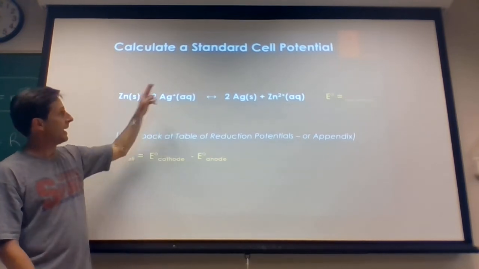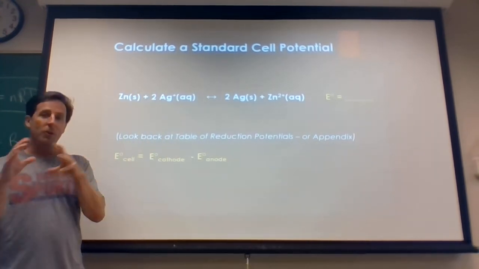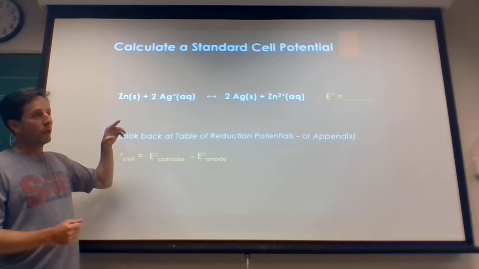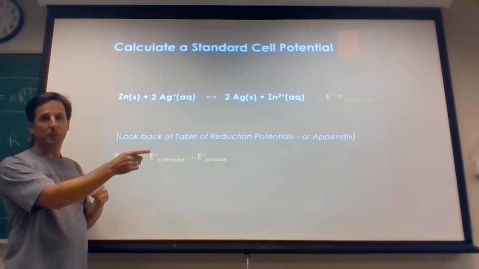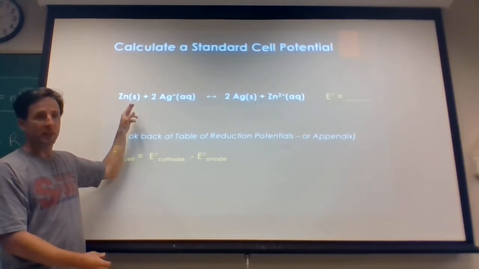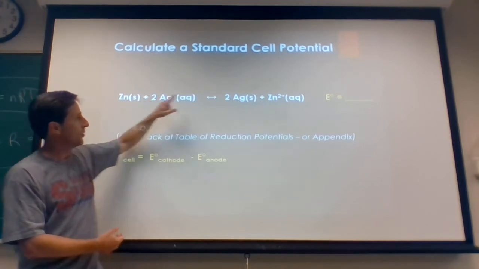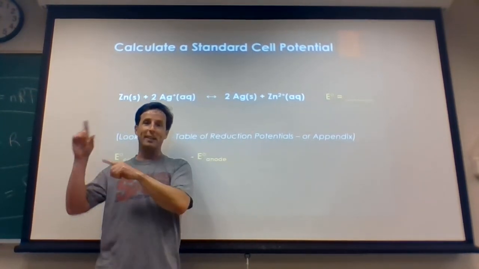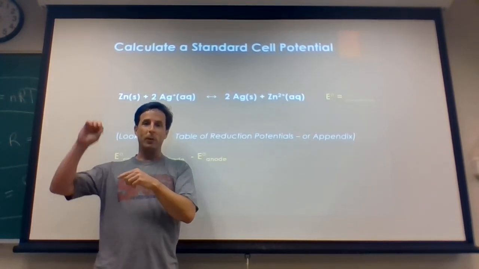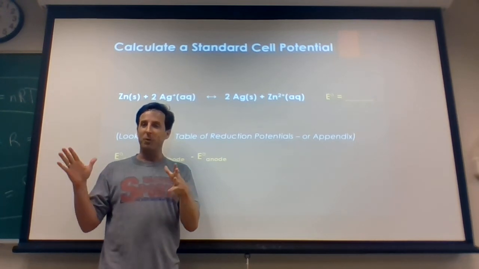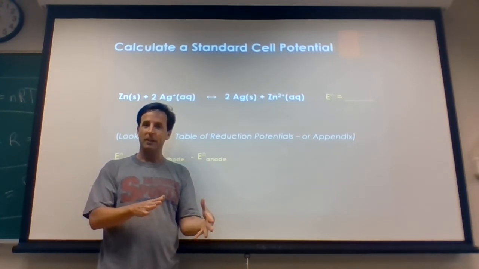And then the zinc value, if you look closely at the table, the half reaction in the reduction potential table is going to be backwards from this one. Here I have zinc going from 0 to +2. If I look back at the table, it's going to have zinc going from +2 to 0. That tells me that this is going to be the oxidation.